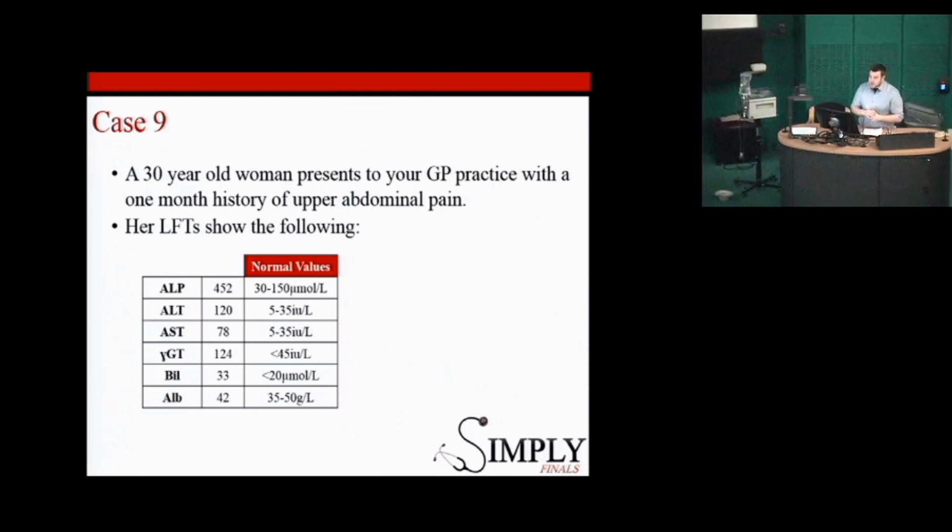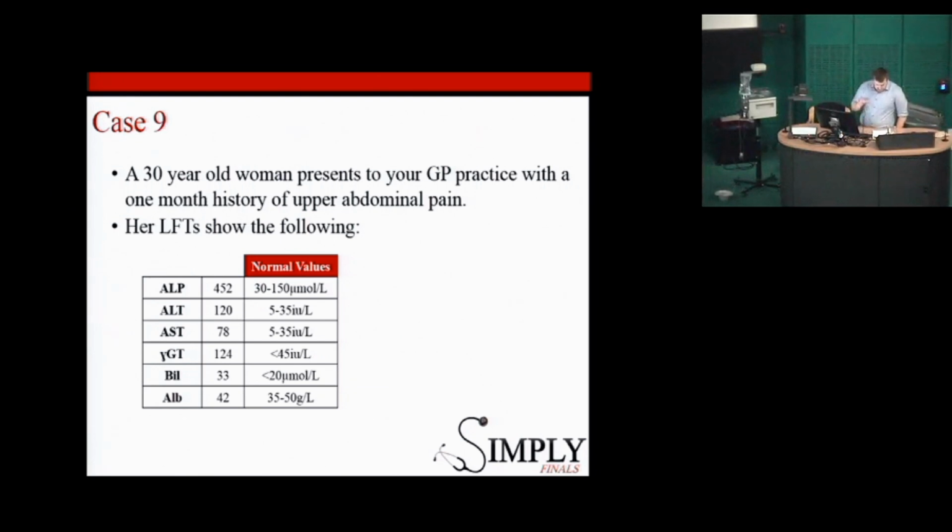If you've got a marked increase in the ALP and the gamma GT over the ALT and AST, then you can say it's a cholestatic picture. ALP is an enzyme that lines the biliary ducts, so if you get obstruction or irritation there, that's why you get a more marked increase in the ALP and the gamma GT. Gamma GT is also a good marker for alcohol abuse.